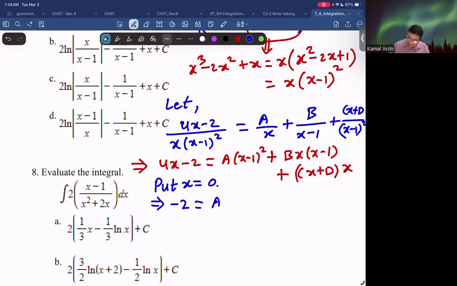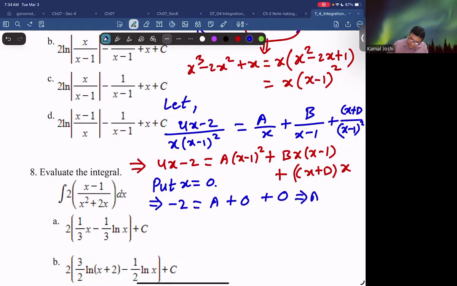This whole thing will be 0 because there is bx, and that whole thing will be 0 because there is x at the end, right? Okay, you see the clever choice of the value for x. And that gives you a equals minus 2. One value obtained already. I'm sure you are seeing it.